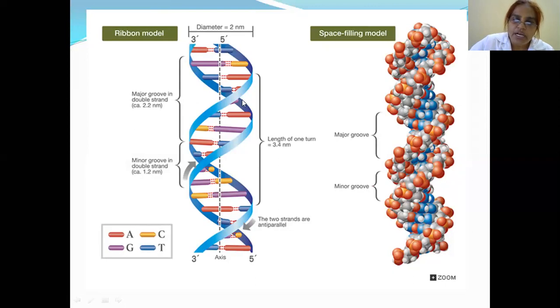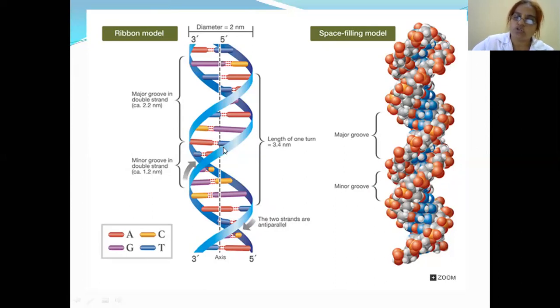It is a double helical structure running along a single, common axis. One strand runs from 3' to 5' and the other strand runs from 5' to 3'. Another point is that it is made up of polynucleotides.